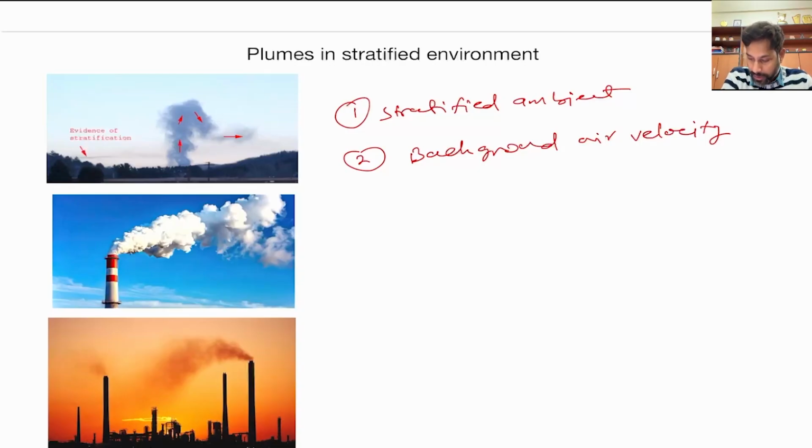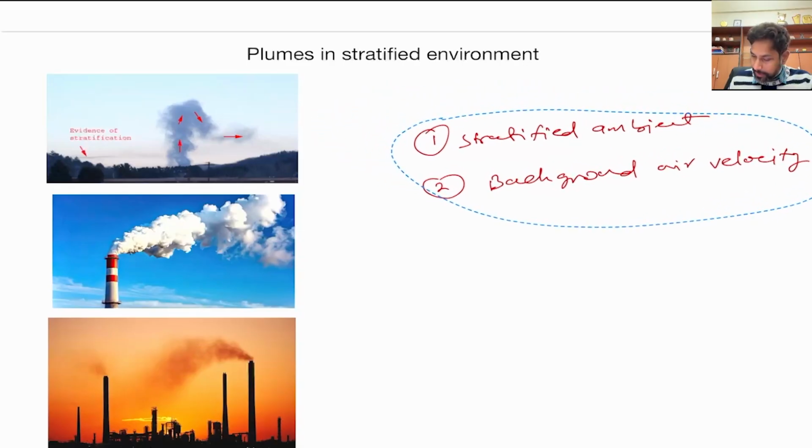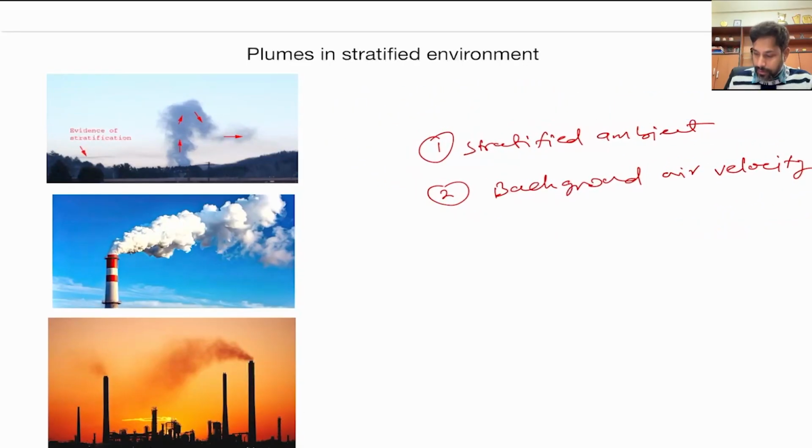Likewise, if there is a stratification, and what is stratification? It means there is a density gradient in the atmosphere. So if we assume that the atmosphere has different density with height, then rho ambient becomes a function of z.